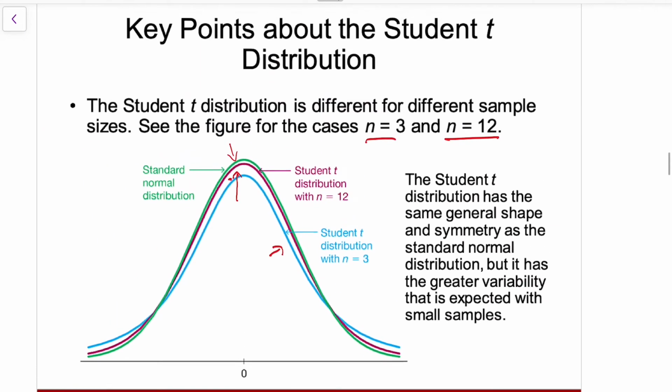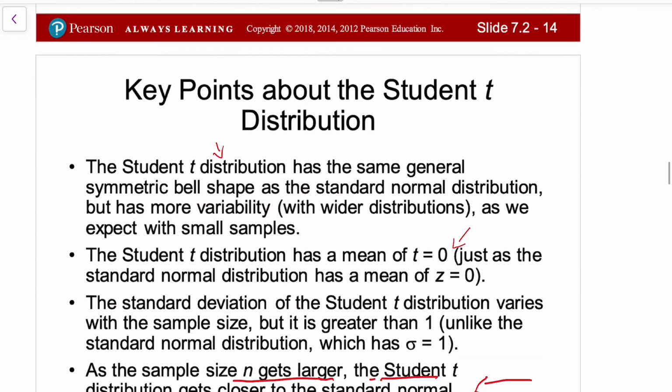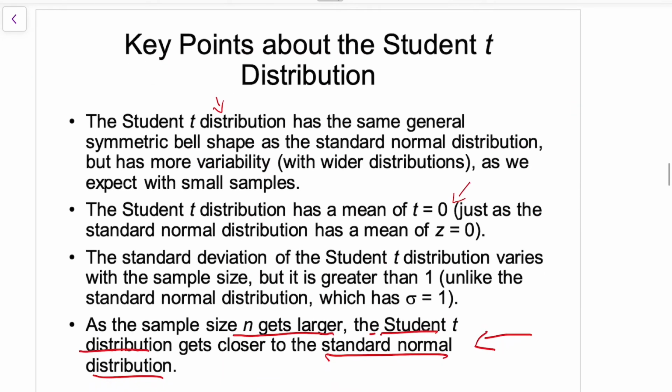And we can see that above, right? If blue is the student distribution with n equals 3 and red is with n equals 12, the fact that 12 is greater than 3, that red line starts to look a little bit more like the green normal distribution line, that they do start to actually become closer together.